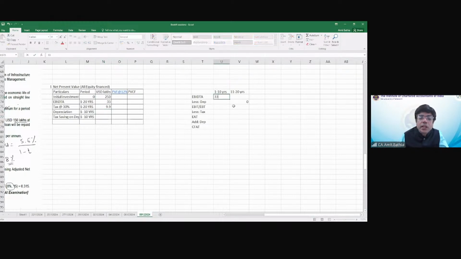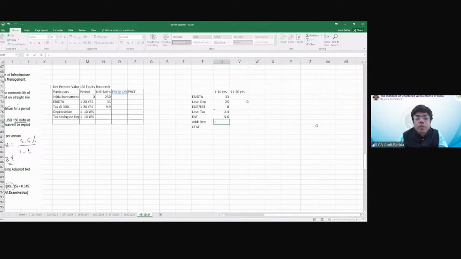So EBITDA is 33, for example, less depreciation is 25. So what remains is 33 minus 25, that becomes 8. Less tax at 30%, so this is 8 into 0.3, which is 2.4. 8 minus 2.4, so I get 5.6.